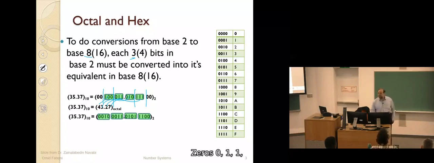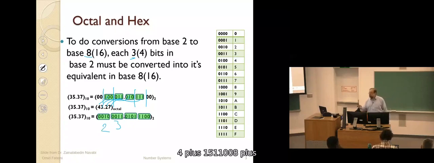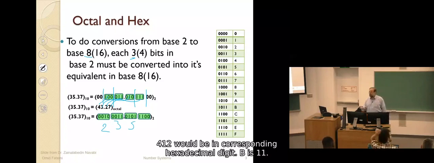0, 0, 1, 1. How much? 3. 0, 0, 1, 0 is 2. 0, 1, 0, 1 is 4 plus 1, 5. 1, 1, 0, 0 is 8 plus 4, 12, which would be the corresponding hexadecimal digit.